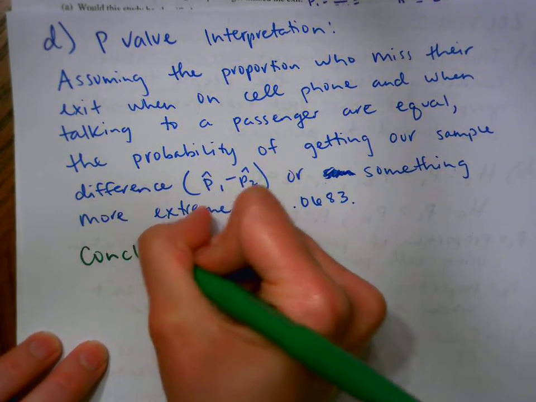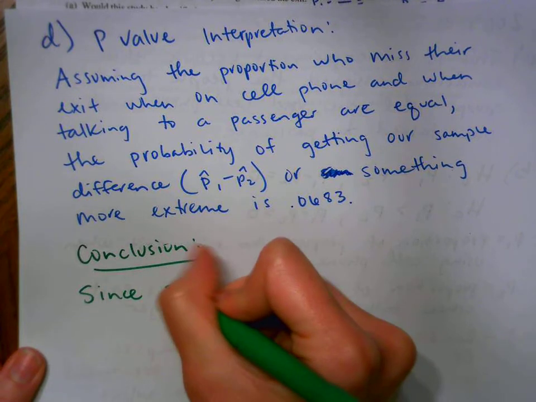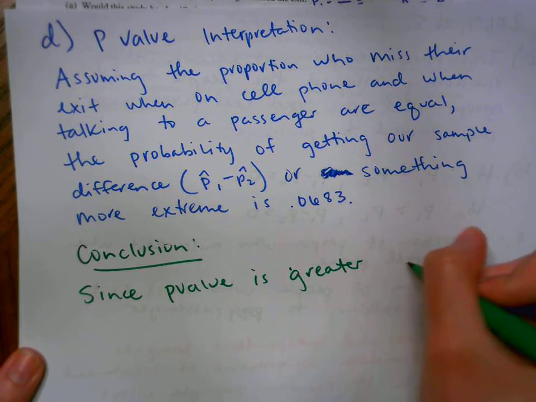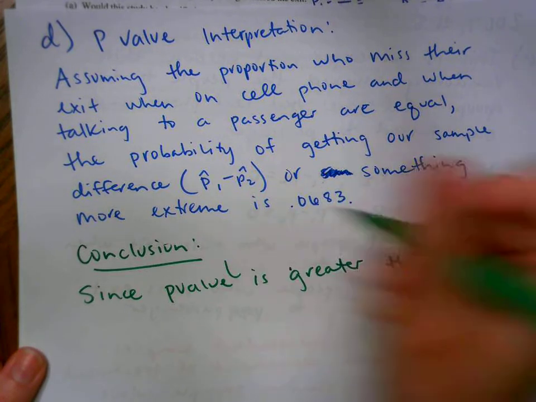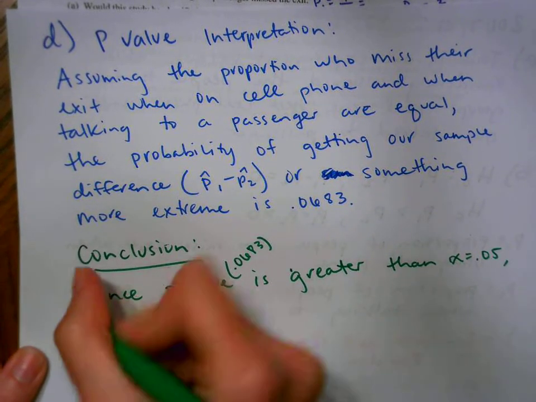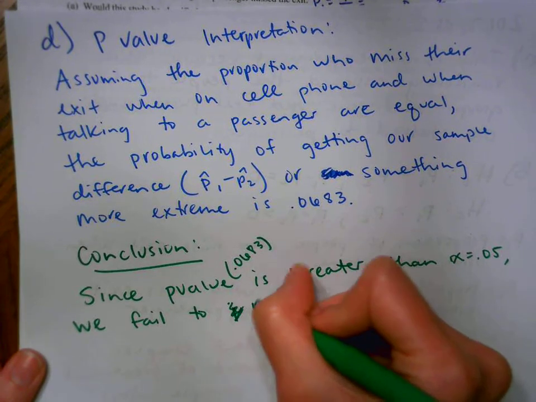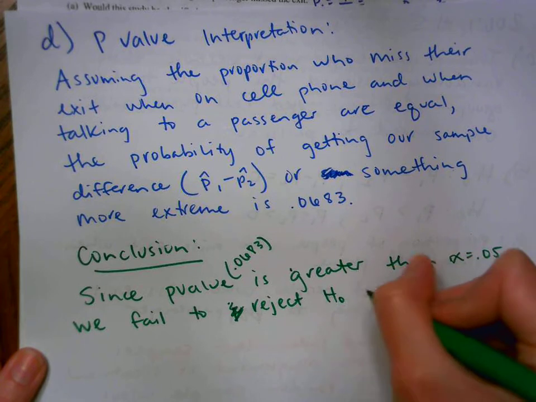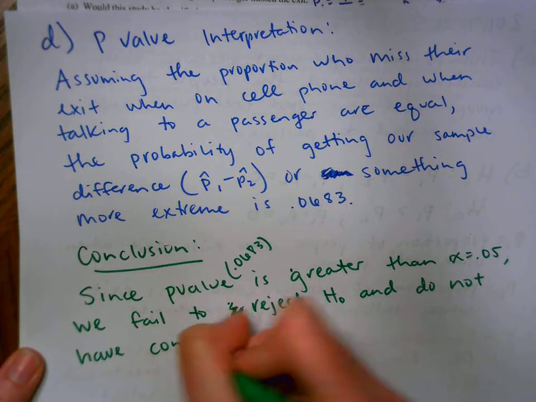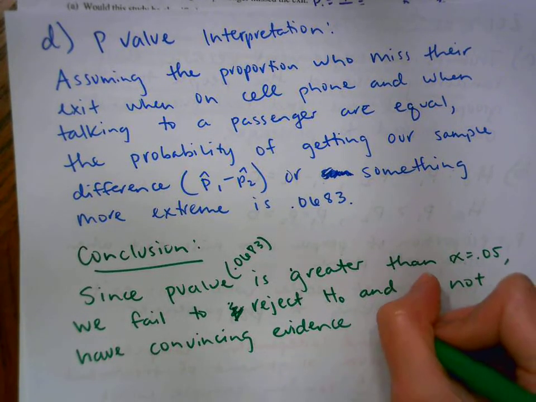When we do a test based on that p-value, since the p-value, 0.0683, is greater than alpha equaling 0.05, we fail to reject H0, and that means we do not have convincing evidence for HA.